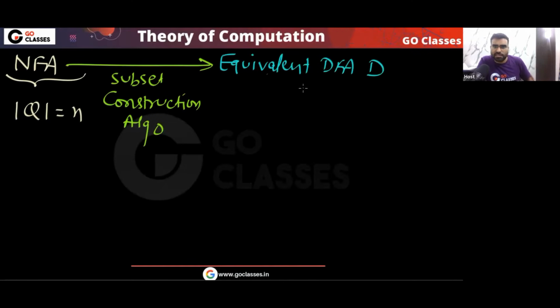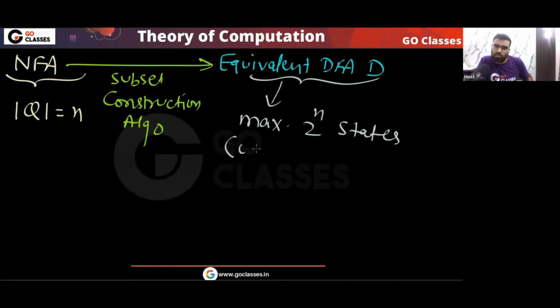We have already seen that this DFA will have a maximum of 2 power n states using this algorithm. Yes or no?